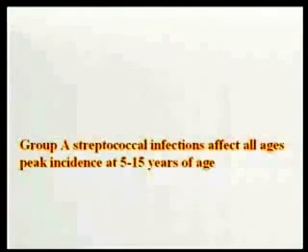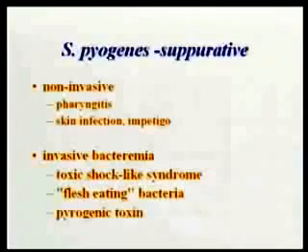There's a lot of fear about the group A streptococcus and a lot of misunderstanding among parents and probably even some physicians, but hopefully not graduates of the USC School of Medicine. And we'll see why in a little bit.